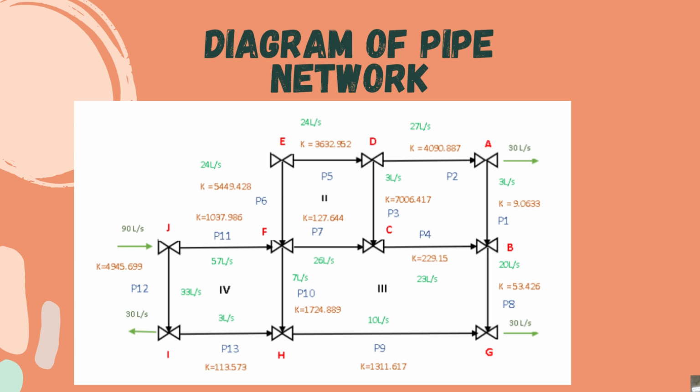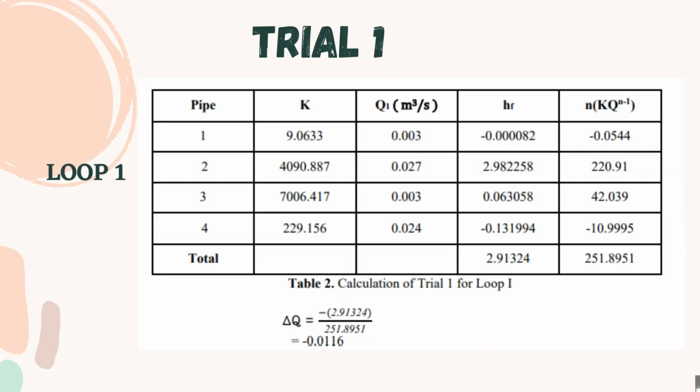We consider clockwise flow as positive and counterclockwise flow as negative. Then we calculate nKQ to the power of n minus 1. Last, we calculate the correction delta Q by the negative sum of HF divided by the sum of nKQ to the power of n minus 1.